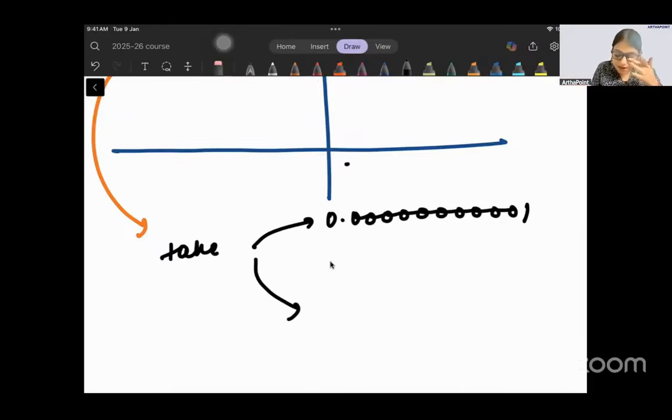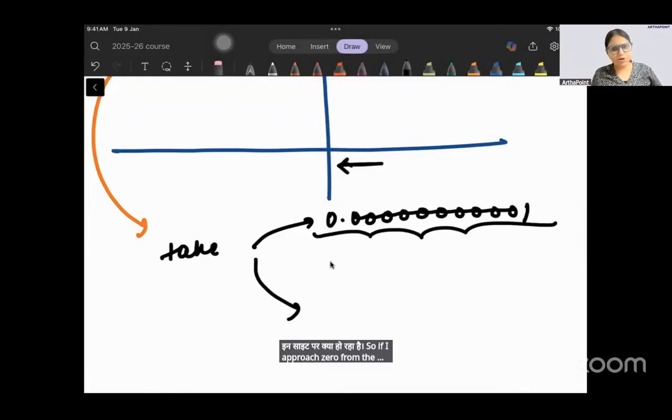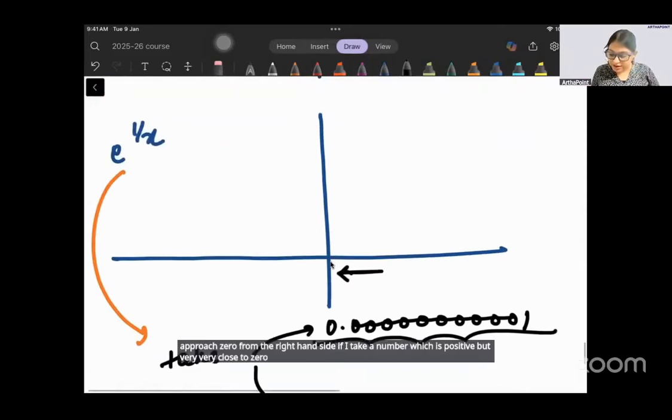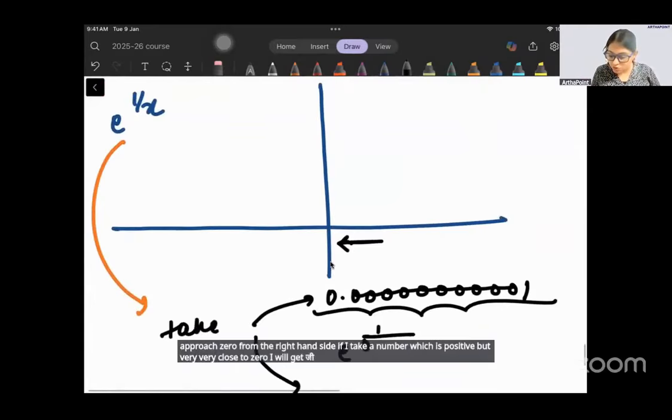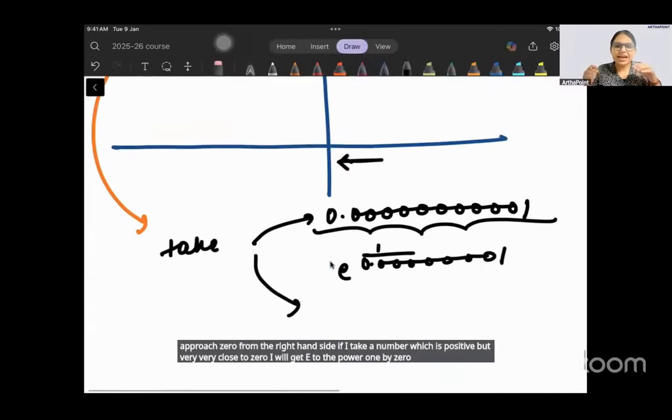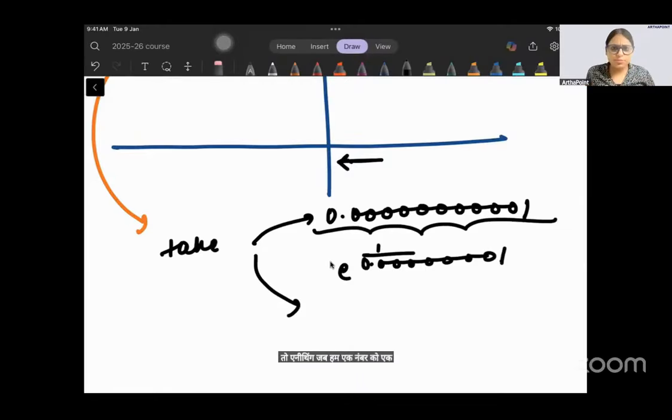So if I approach 0 from the right hand side, meaning if I take a number which is positive but very very close to 0, then here I will get e to the power 1 by 0.000000000, meaning it is a positive number. Right? Anything, when we divide a number by a very small number, this is a very small number.